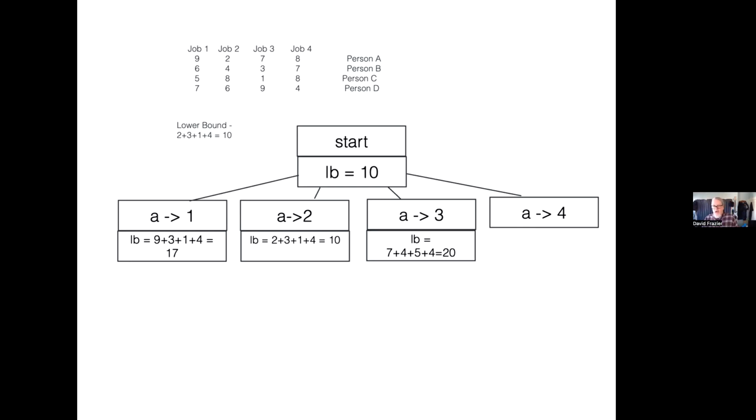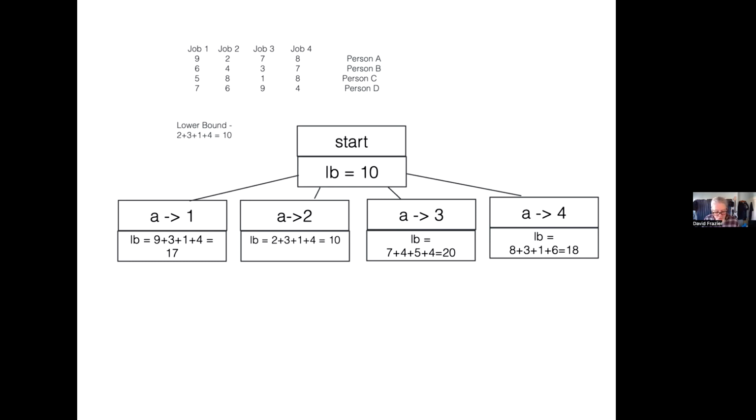So again, breadth first. We do this one 1, then 2, then 3, then 4, then 5. And we can now determine that the way to keep moving is this one, right? Since we have the lower bound of 10, we're doing a minimization problem on our optimizing. So if we've made the assumption that person A takes job 2, person B now has 3 options.